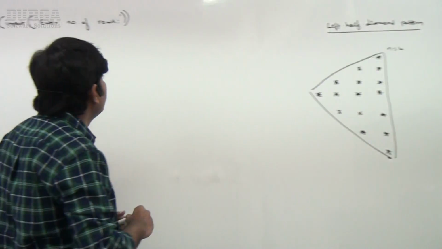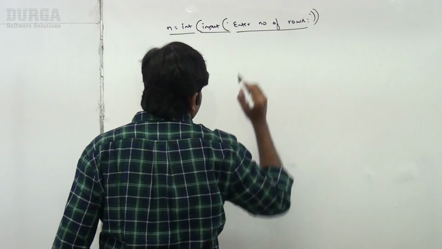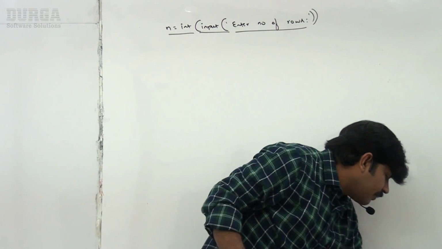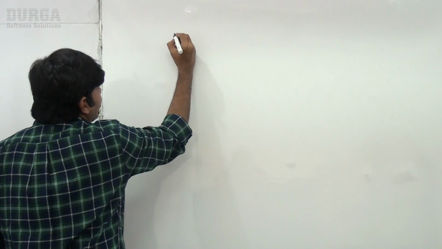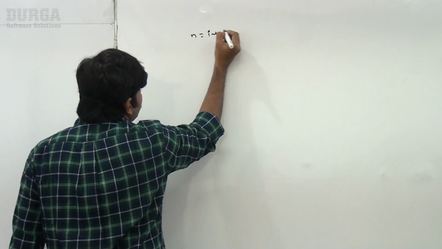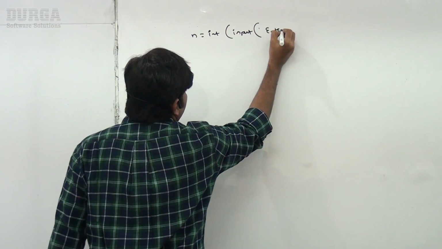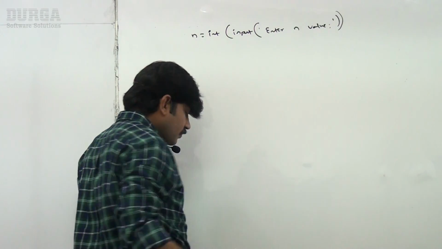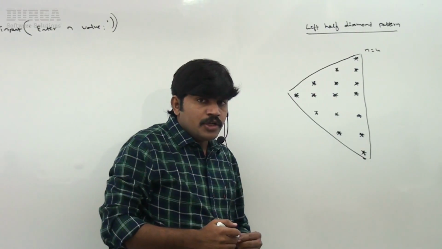Very simple, sir. n is equal to int of input, enter number of rows, or enter n value. I am taking n instead of number of rows. Now sir, this pattern I want to divide into 2 parts.